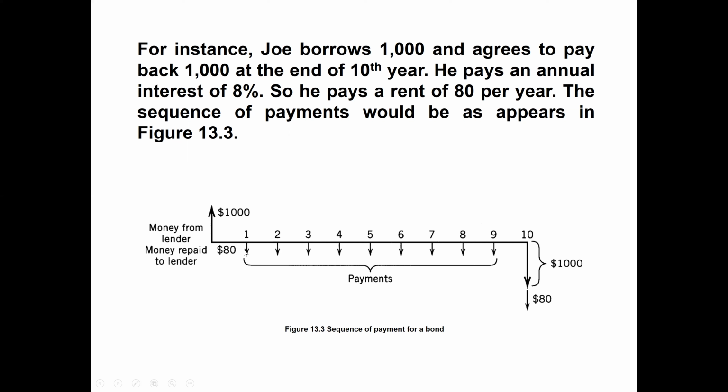So it is actually yearly payments of $80. They will pay $80 every year until the 10th year. Okay. And in the last year they will return whatever money they have borrowed. So this is the way bonds work. Okay. So owners or these institutions can arrange money from these bonds to finance their projects.